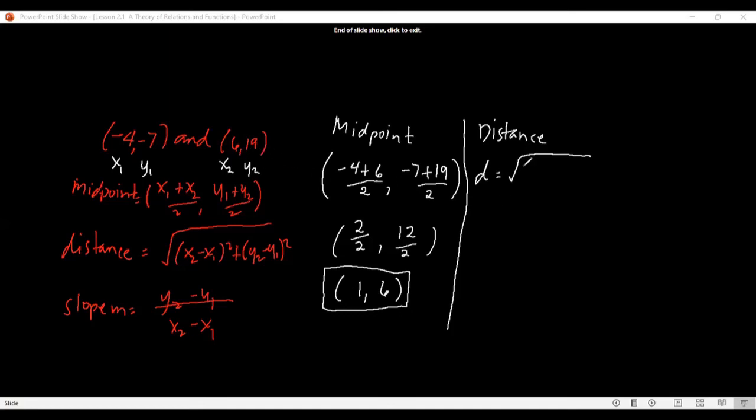So, that is 6 minus negative 4, square. Then, plus y sub 2, 19, minus negative 7, square.